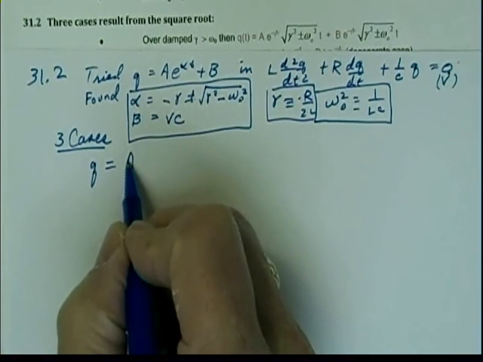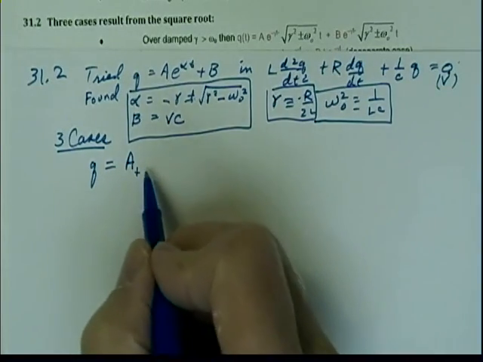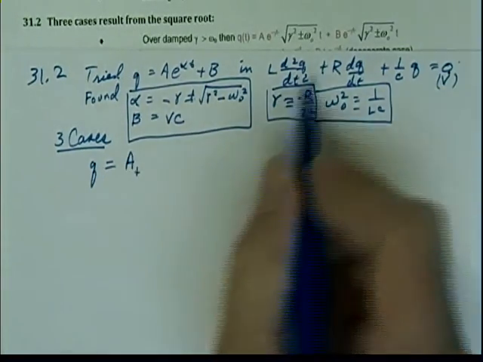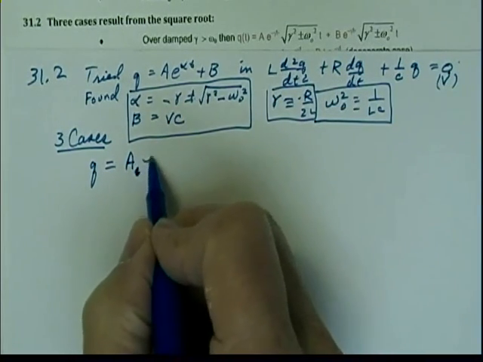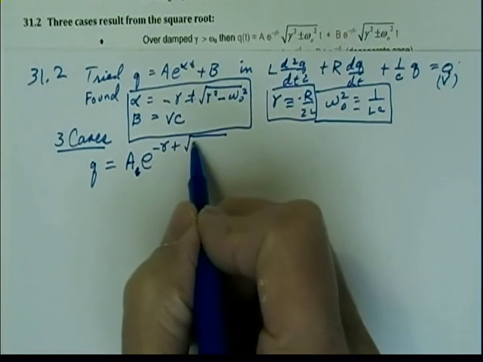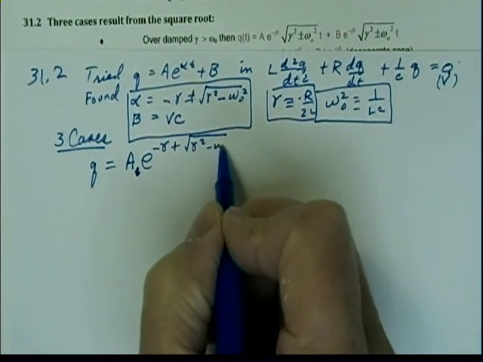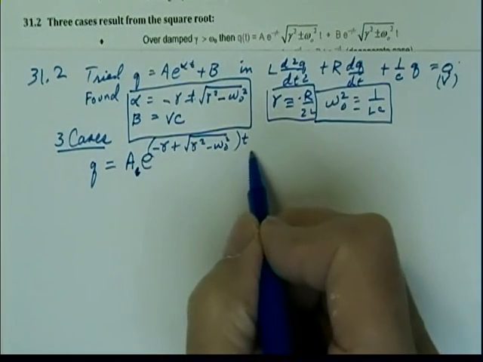So we have an A plus, for example. I used A and B in my notes, so I should probably use that again. e to the minus gamma plus the square root of gamma squared minus omega naught squared, all of this times t.